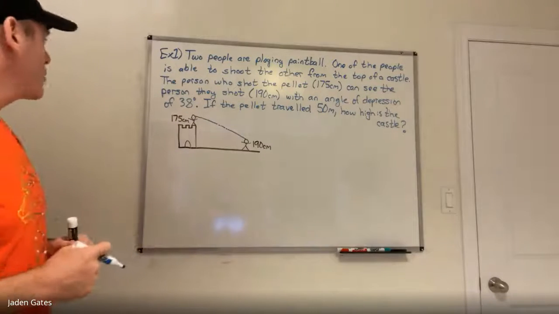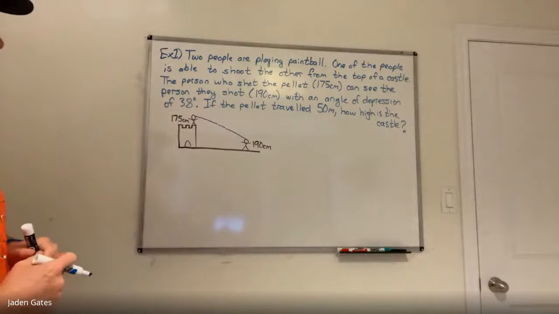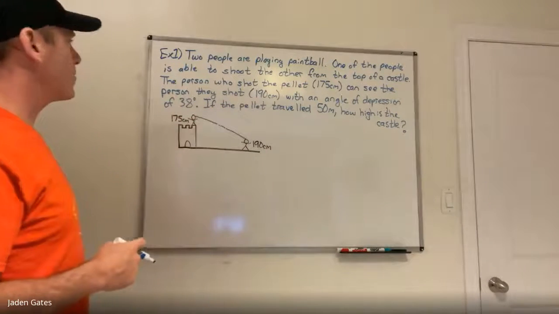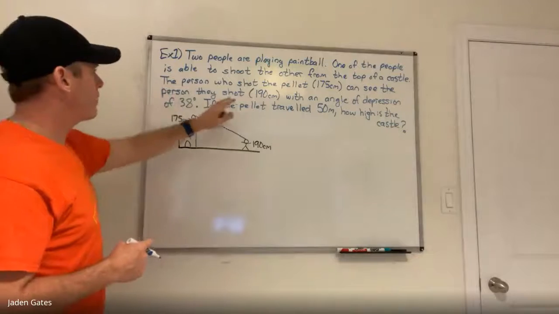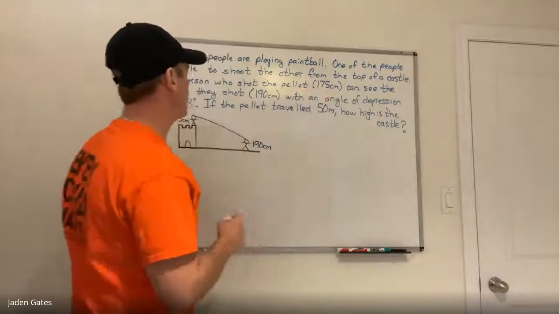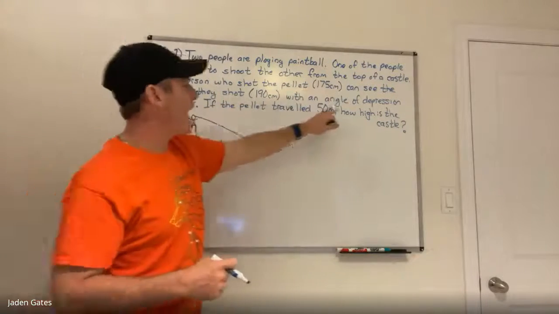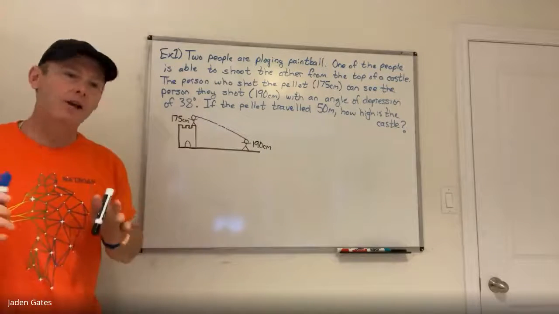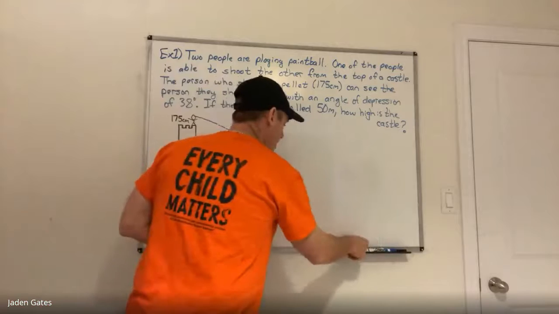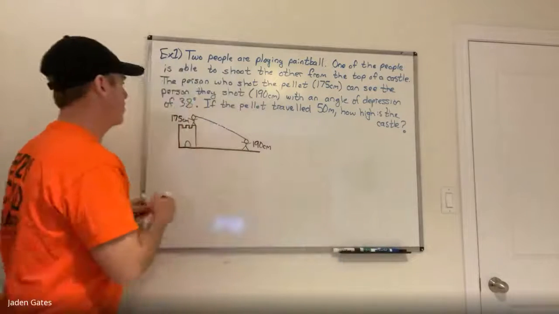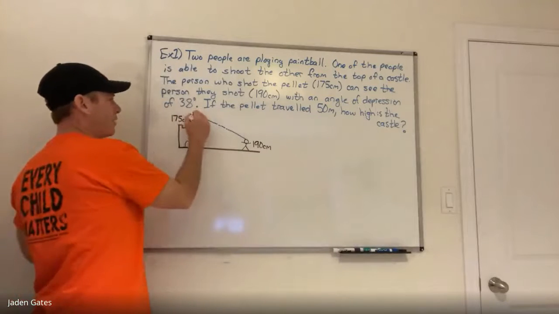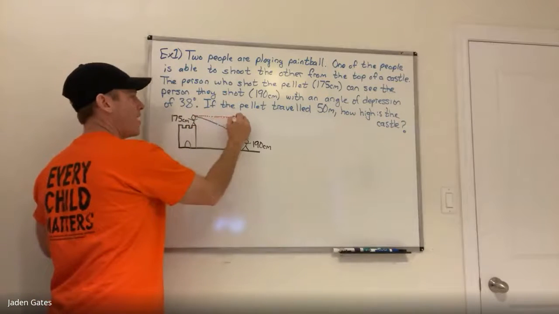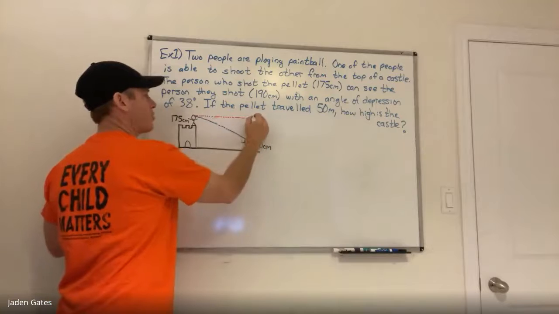All right. Now, the person they shot is 190 centimeters. So I've dealt with the 190 and the 175. Now, it says they shot him with an angle of depression of 38 degrees. Here's what an angle of depression means: when this person at the top is looking straight across, that is considered a 0 degree angle.